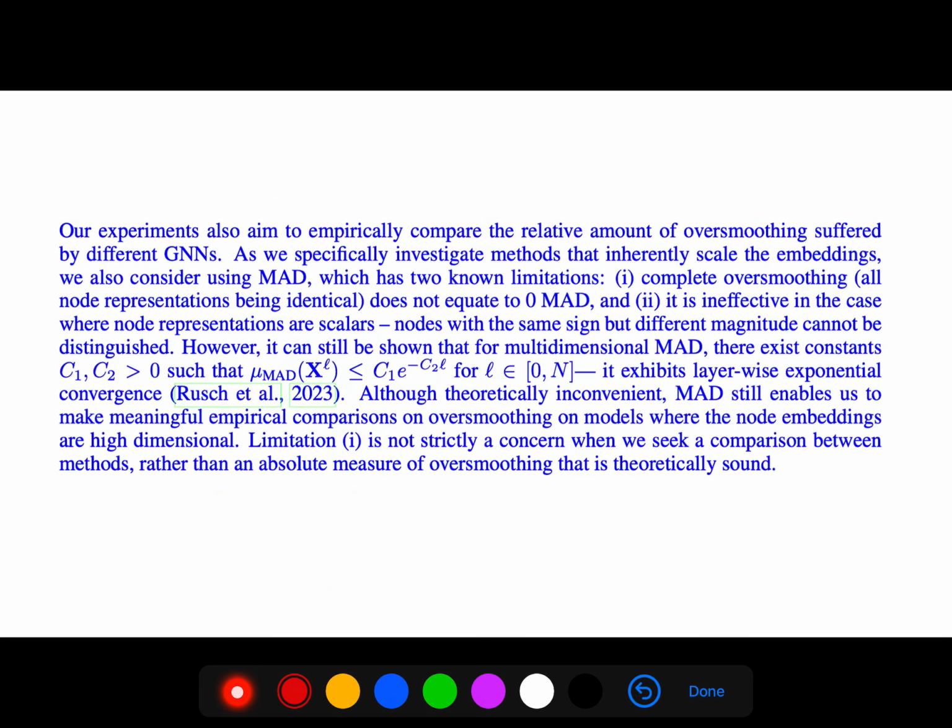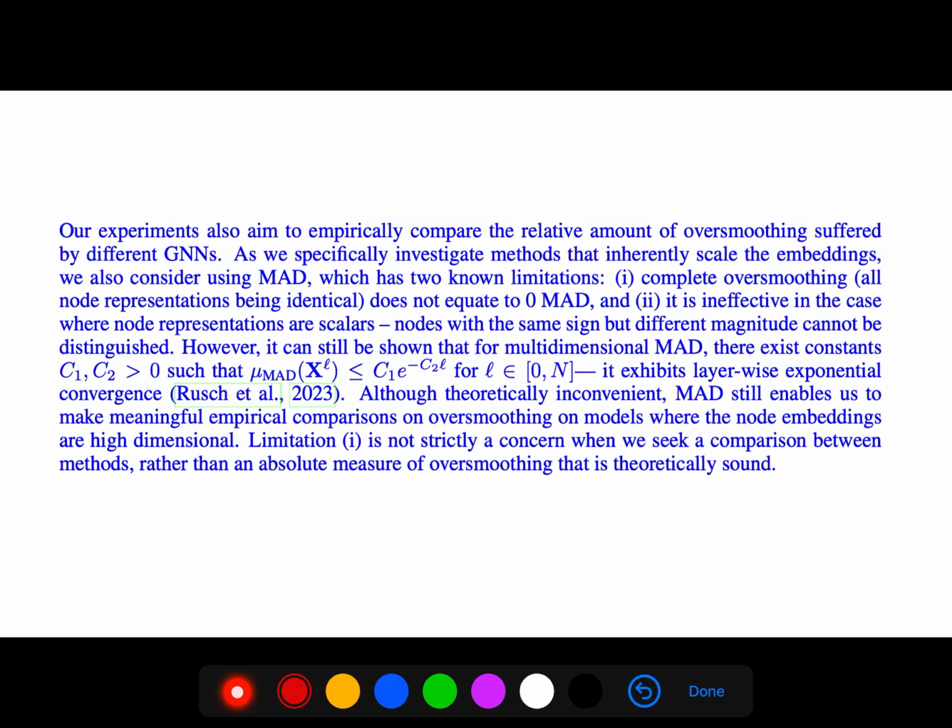So we specifically investigate methods that inherently scale the embeddings. We also consider using MAD, which has two known limitations. First, complete oversmoothing, all node representations being identical, does not equate to zero MAD. And it is ineffective in the case where the node representations are scalars.